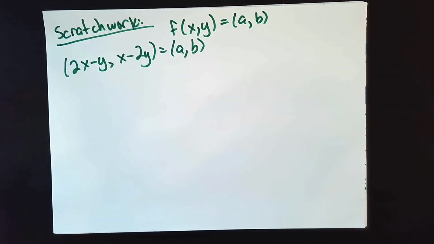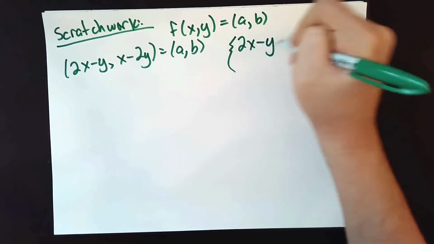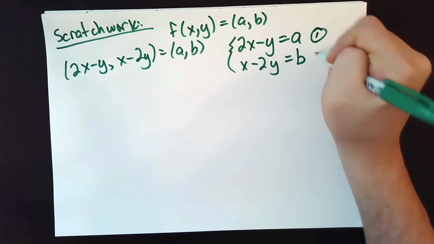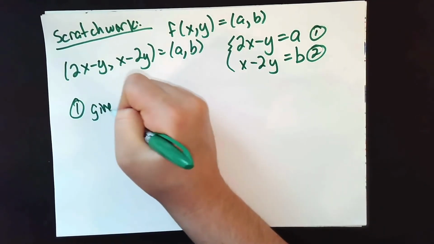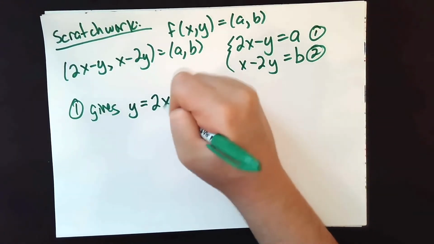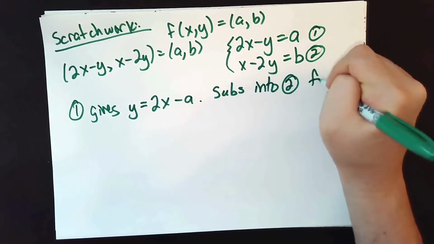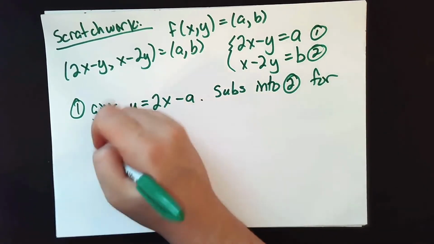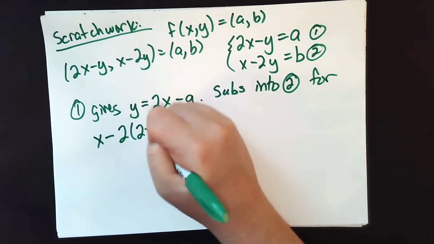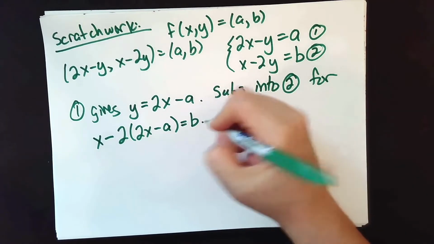Or, in other words, I'm trying to solve the system of equations 2x minus y equals a, and x minus 2y equals b. So, 1 lets me solve for y, so that will give me y is equal to 2x minus a, which I can then substitute into 2, and that will give me x minus 2 times 2x minus a is equal to b.